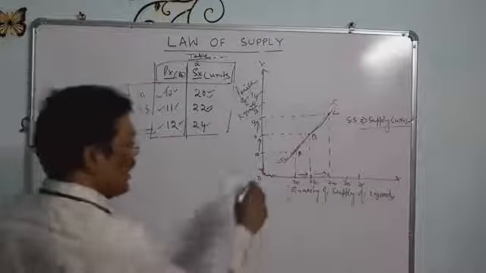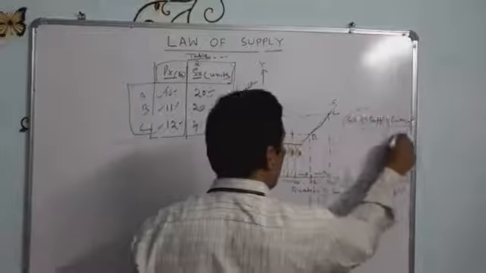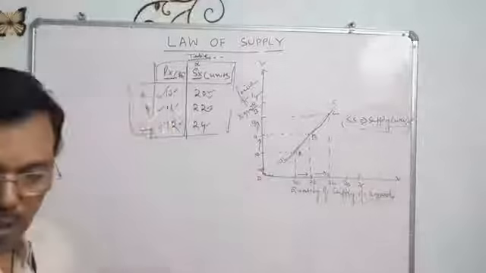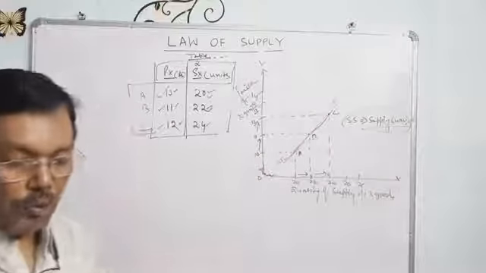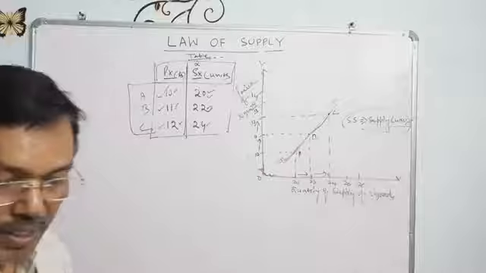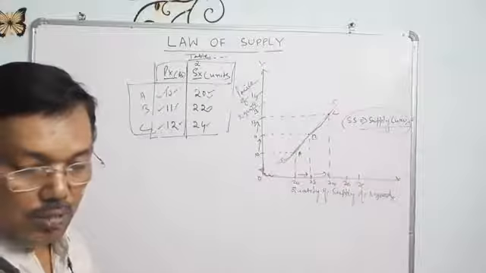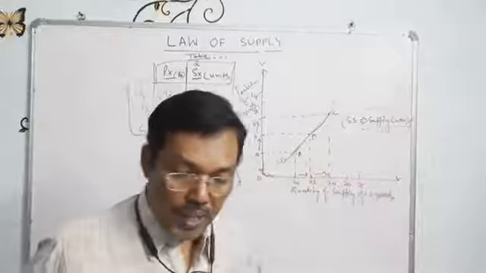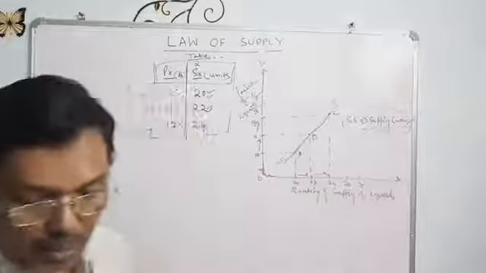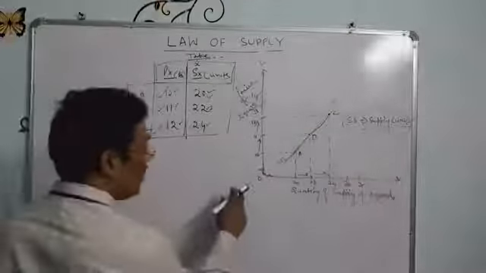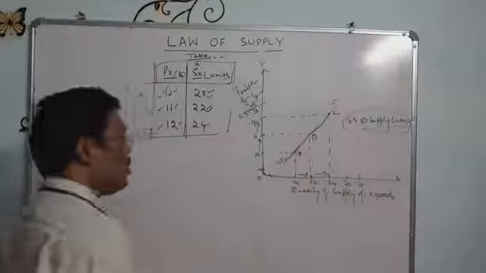So this SS is called the supply curve. Likewise, we have already known the demand curve. So now, what is the supply curve? The supply curve is a graphical presentation that is shown on graph paper.